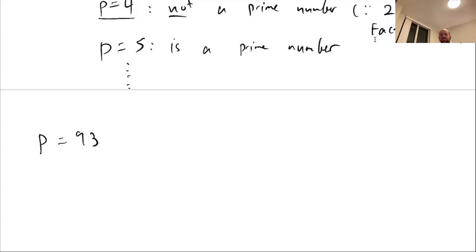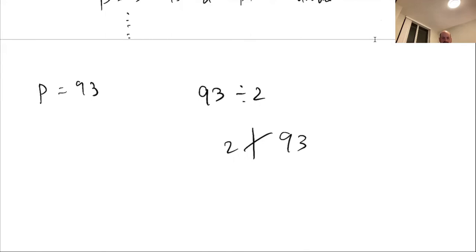Well, we have to see whether it's divisible by any number other than 1 and itself. So we can start with 2, right? 93 divided by 2, see whether it's divisible or no. In other words, 2 does not divide 93, right? And then we go to the next number.